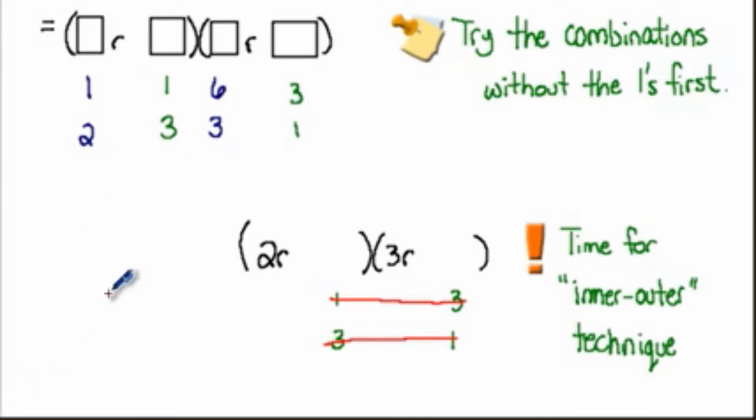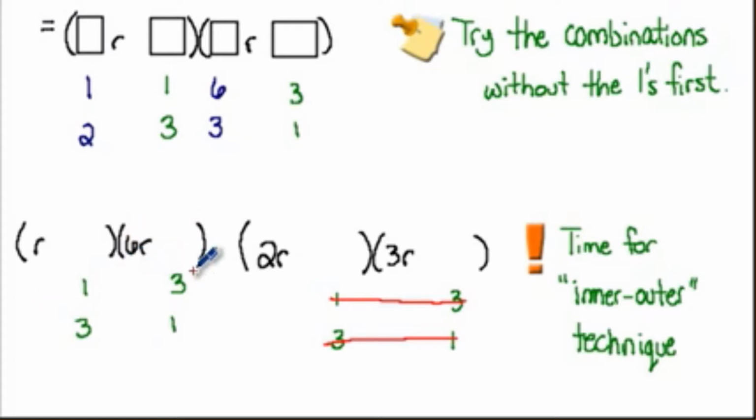We should have gone with the 1, 6. So let's go ahead and switch gears and write down the 1r here and the 6r there. And again, I'm going to write down my possible combinations. This could be a 1, this could be a 3, or this could be a 3, and this could be a 1. There's a lot of other techniques to doing this, but I like one technique to cover most bases.